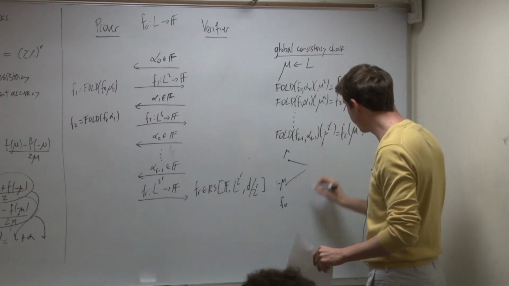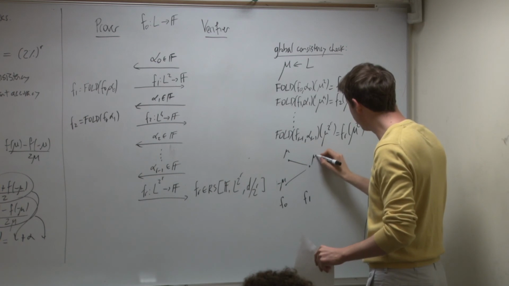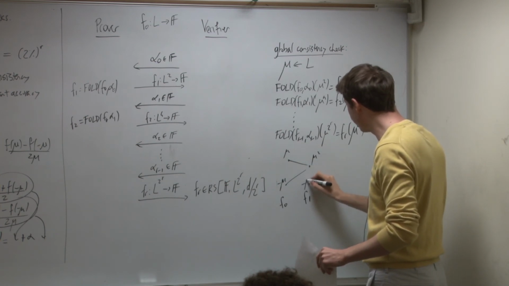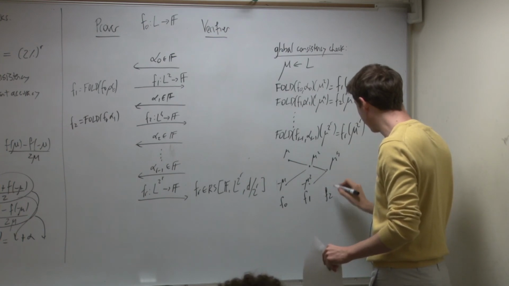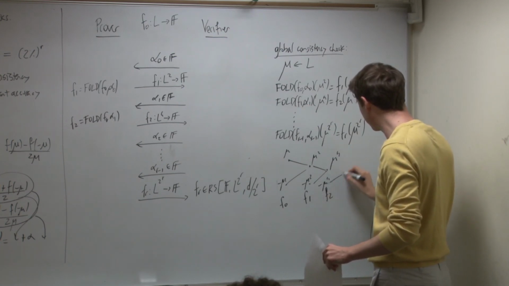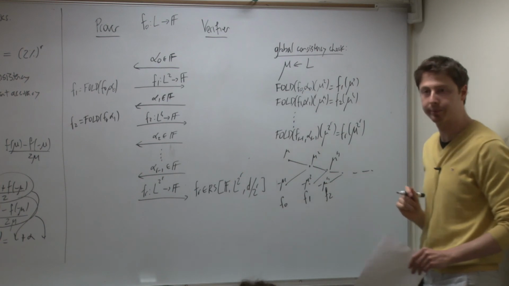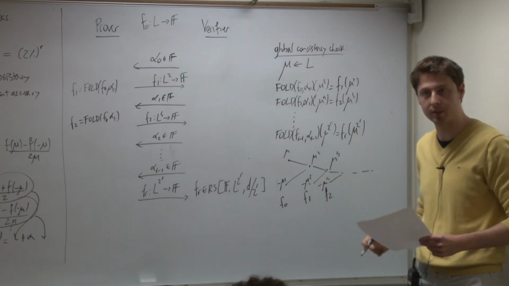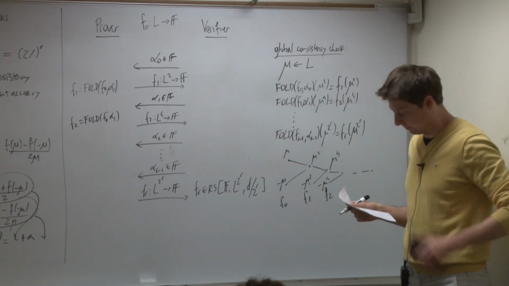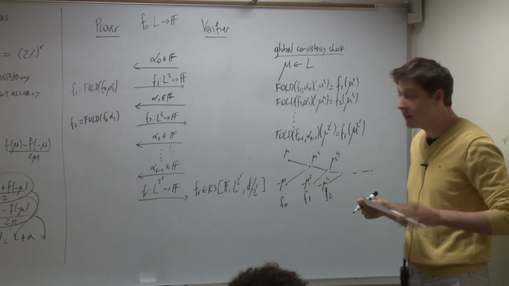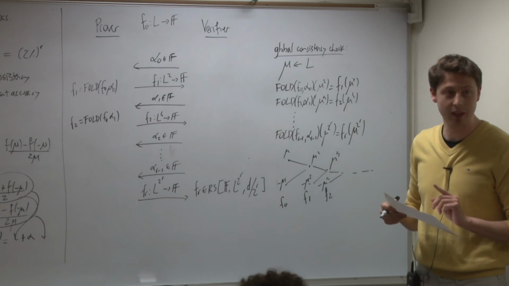And I compare them against what happens at F1 at mu squared. And then I also query it at minus mu squared to compare it about what happens at mu to the fourth at F2. And I compare it, and then I also query this one, I continue like this, right? You see, all of these are correlated checks. Okay. So this actually is the protocol, okay?